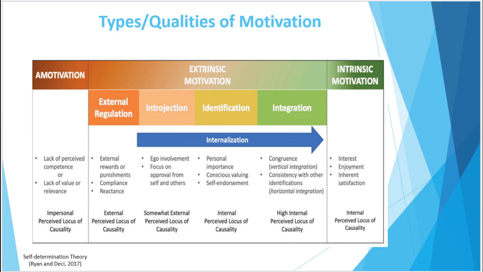Then you go to introjection. Introjection is basically saying, if I don't do this task, I will feel bad about it. It's guilt. You feel guilty if you don't do it.